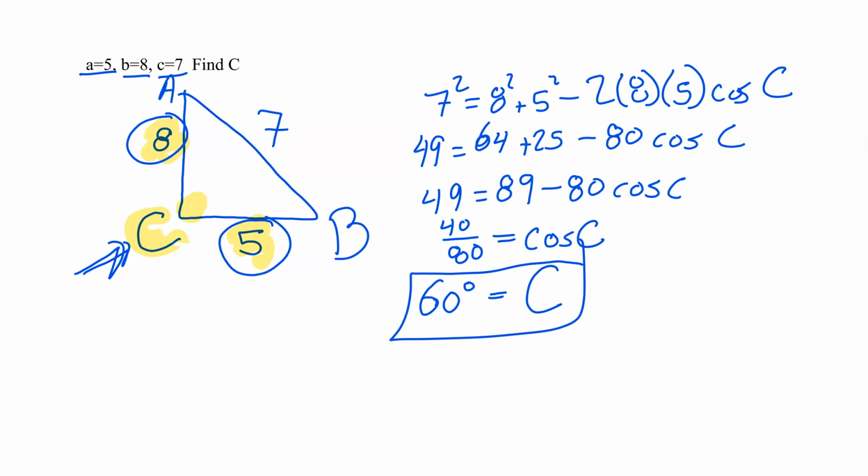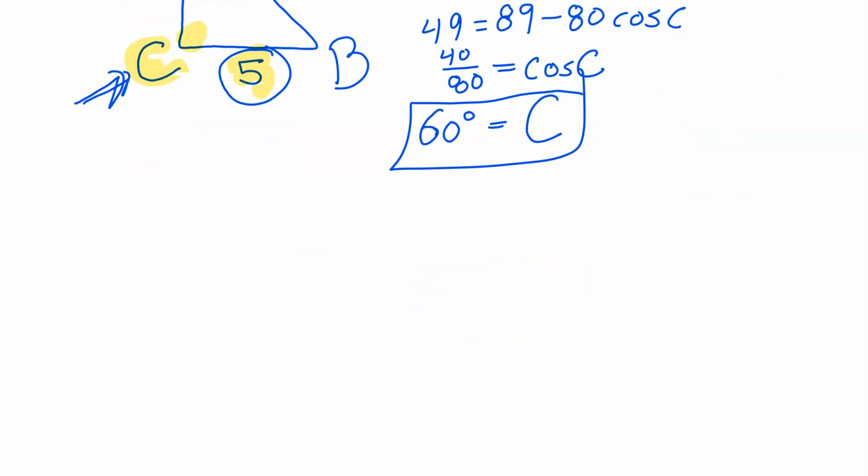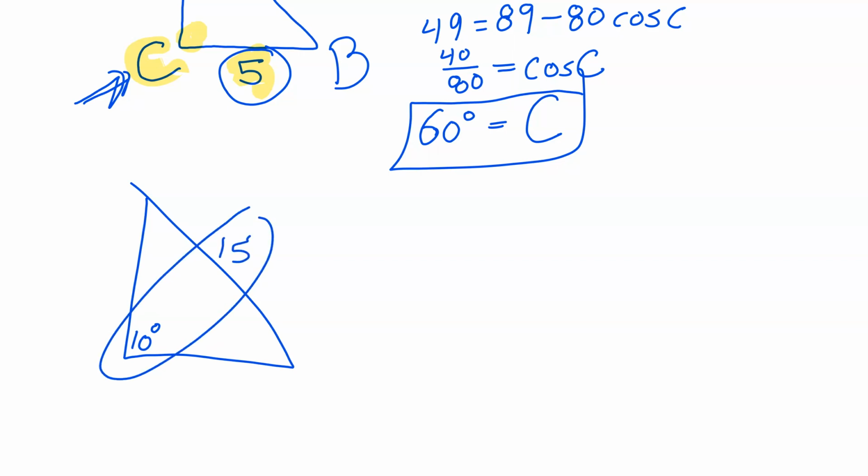So these are the ways it works. To recap a little bit, if we've got, say, an angle here, like we know this angle's 10 degrees, and we know this side opposite is 15, well, we should be thinking law of sines.